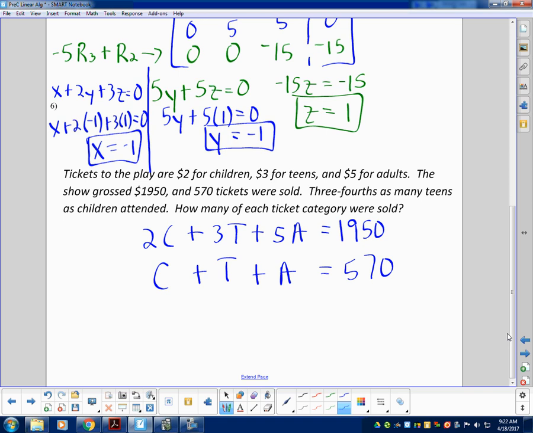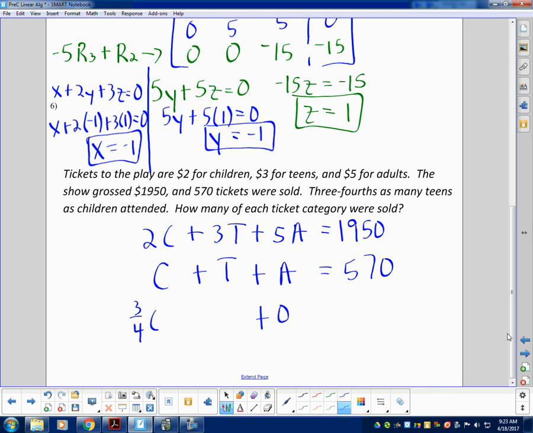So that last sentence on there says 3/4 as many teens as children attended. That doesn't say anything about the adults. So 3/4 C.